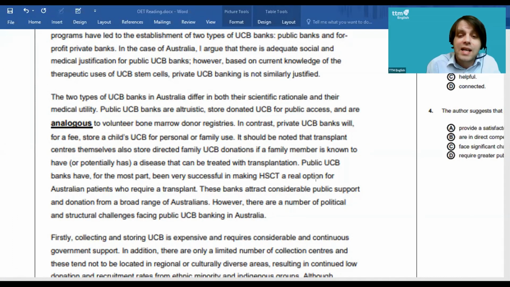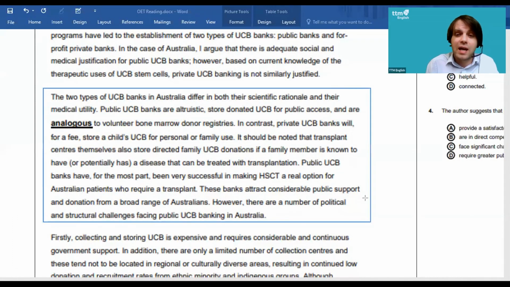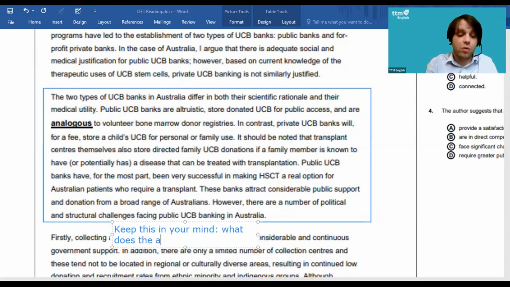Let's read it again. This time you don't need to read it out loud. I'll give you 1 minute, but keep this in your mind. This is the technique we're practicing. What does the author say about public blood banks?